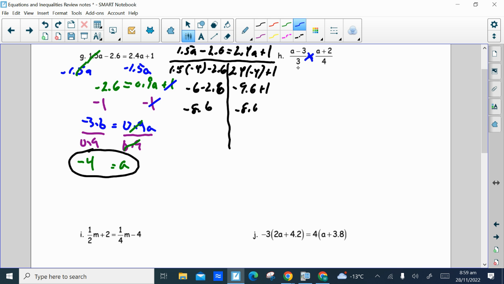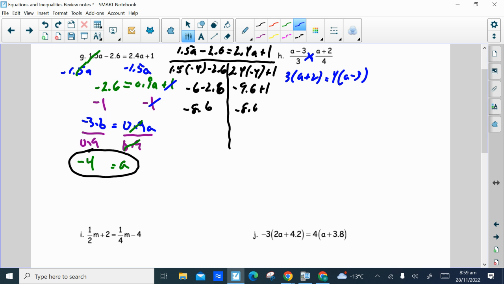So I'll start with the 3 on the bottom left times the a plus 2 on the top right, and that has to equal the 4 on the bottom right times the a minus 3 on the top left. So now we have to multiply out the brackets. We can't divide both sides by 3 because 4 is not divisible by 3.